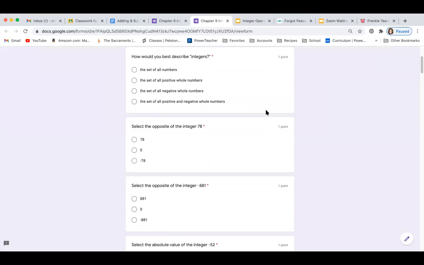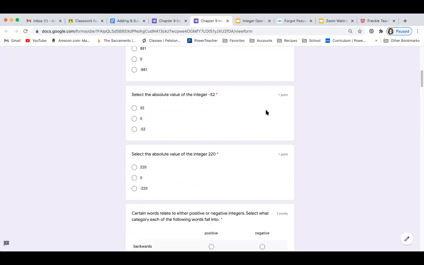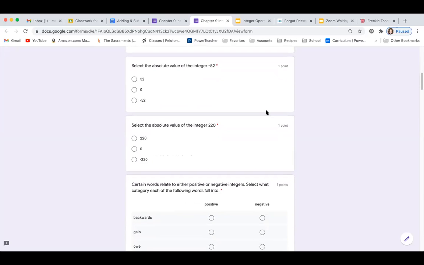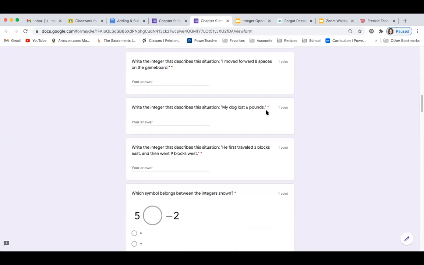So there's a couple of questions about integers and their opposites, absolute values, positive and negative words. And then I had this question in the last class a couple of times, so let's just take a look. Write the integer. So I'm asking you to write me a number, just type a number that describes the situation.